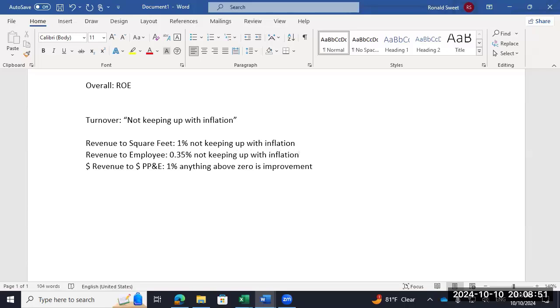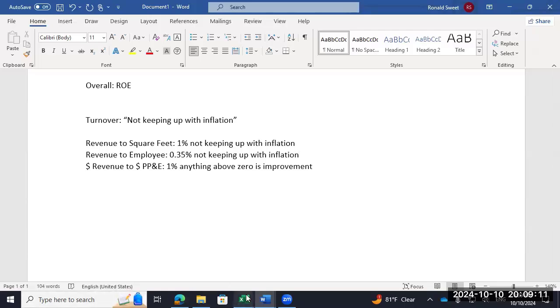All right. So be careful on that. If you're doing dollar to dollar, anything above 0 is improvement. It may not be great, but it's improvement. When you're doing revenue to a non-dollar item, you would expect that number to at least match inflation at the worst, just because prices rise.